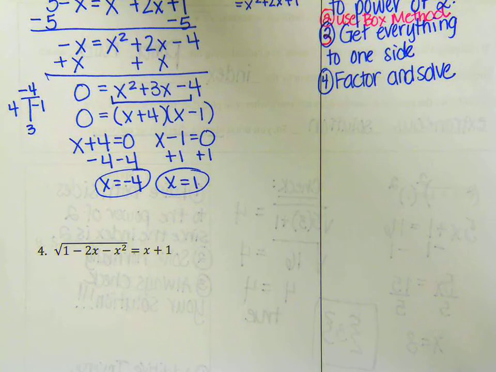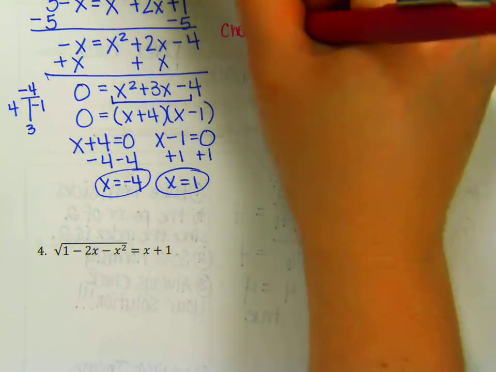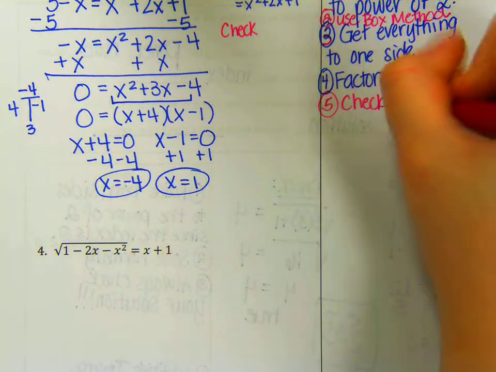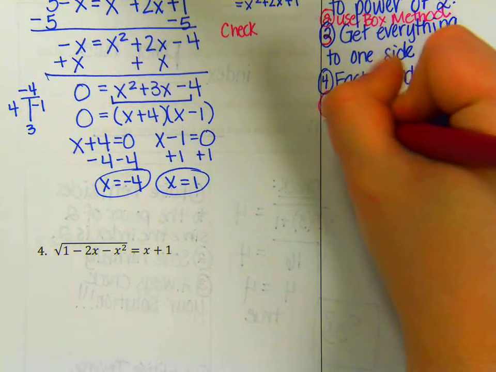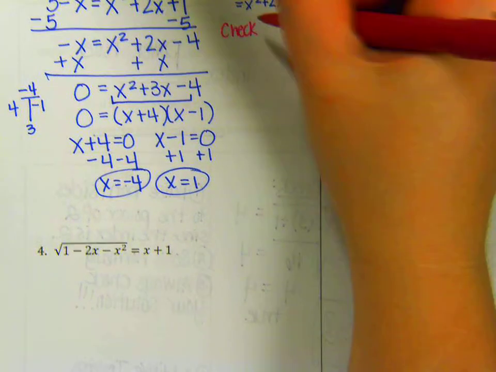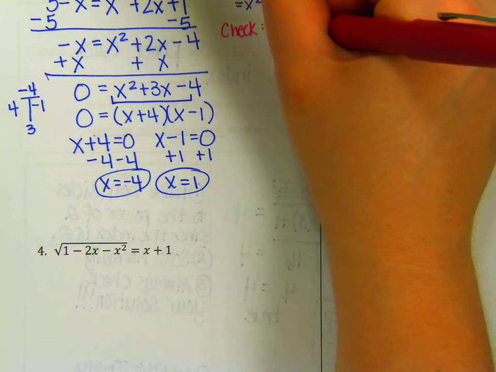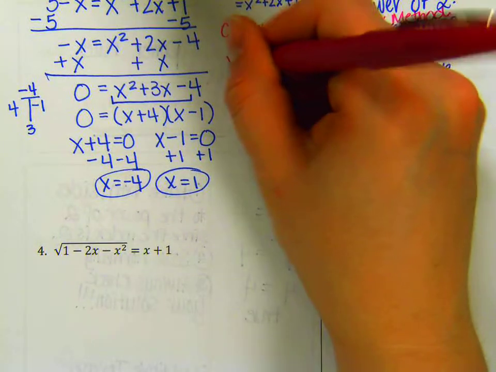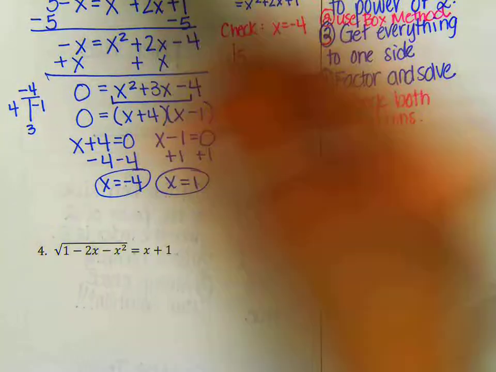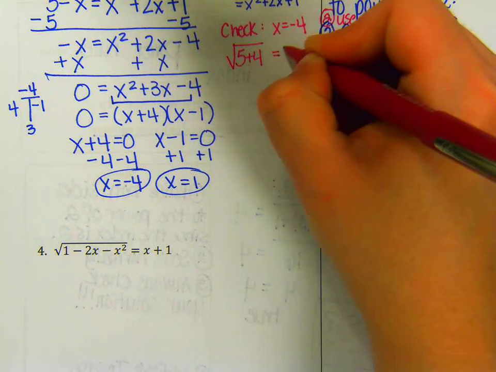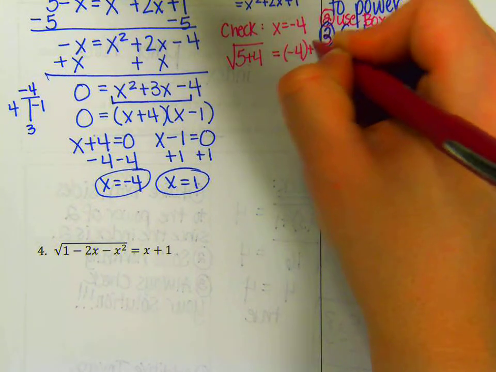You're going to have to check both, yes. And yes, your fifth step is to check. Check both solutions. So check x equals negative 4. So 5 minus negative 4, negative, negative make a positive, so it's 5 plus 4 equals negative 4 plus 1.